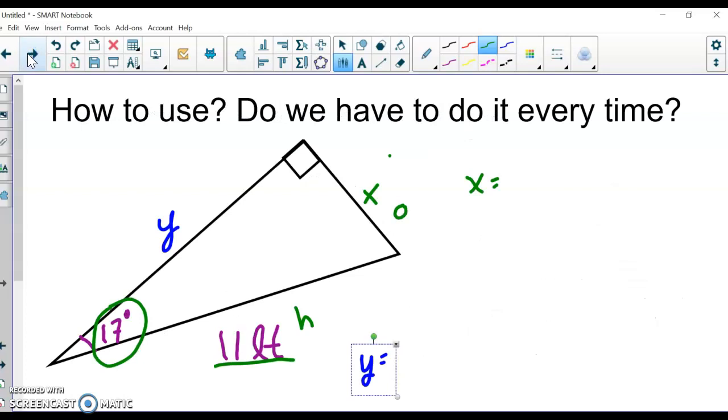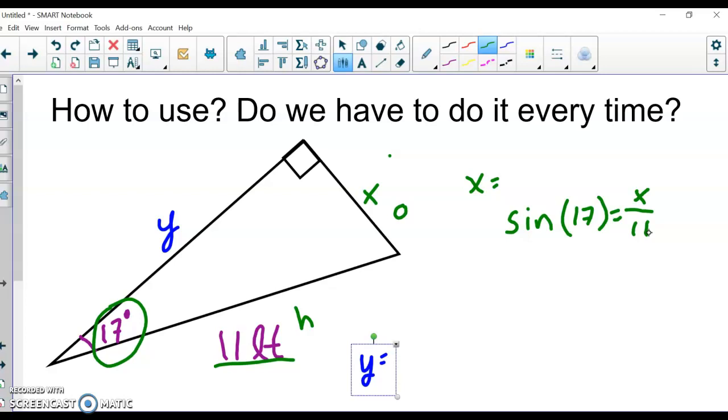I'm going to say that the sine of an angle of 17 equals my opposite side. What's the value of my opposite side? Well, I'm looking for that. So that's my x divided by my hypotenuse. What's my hypotenuse? 11. And there's my equation to help me find x.